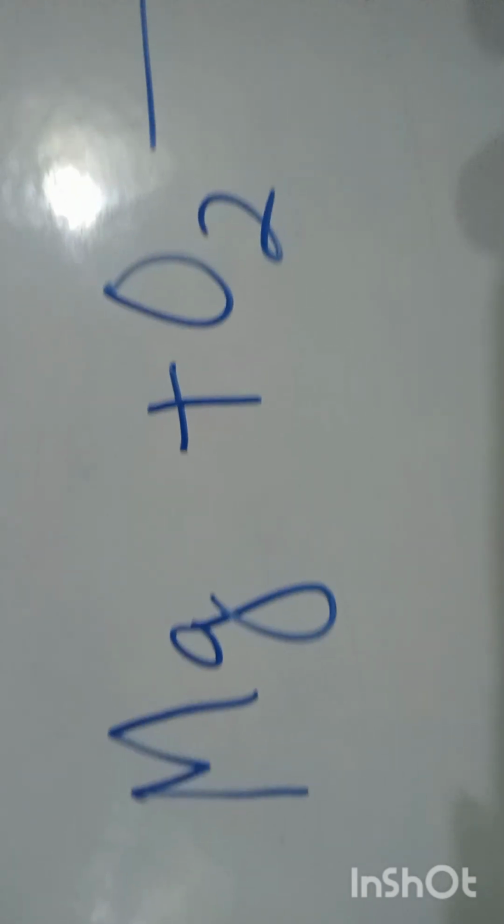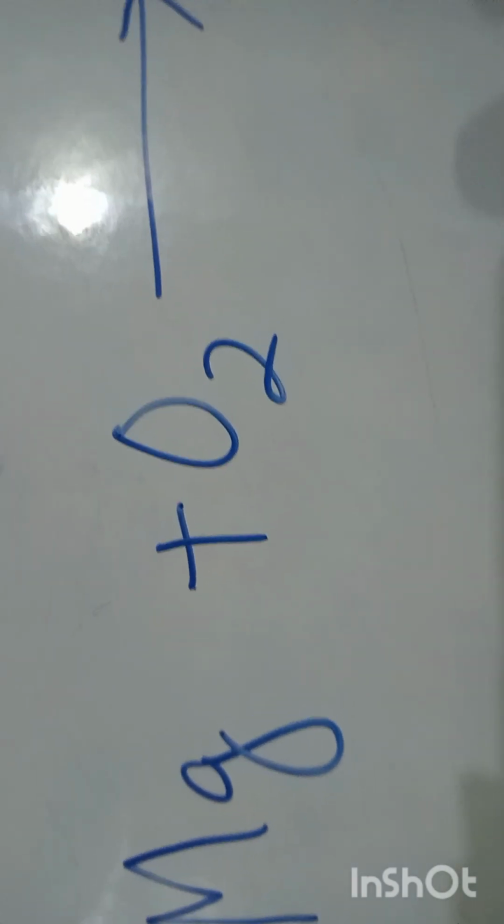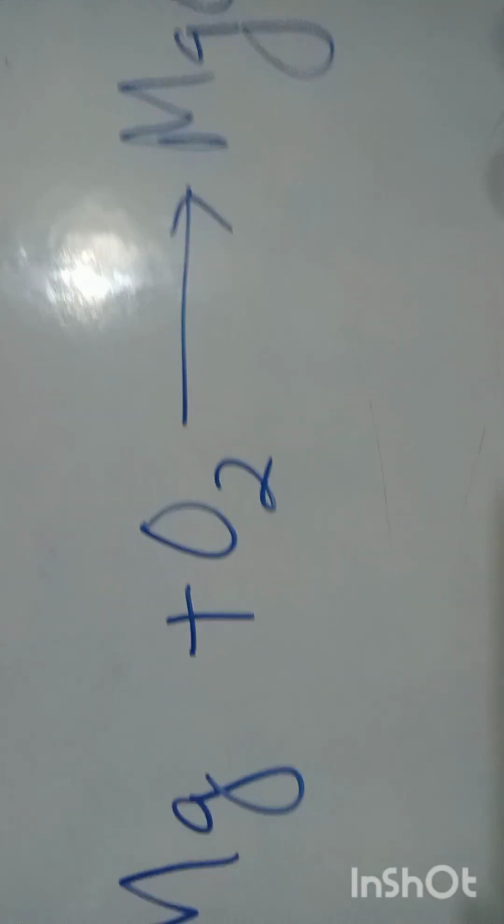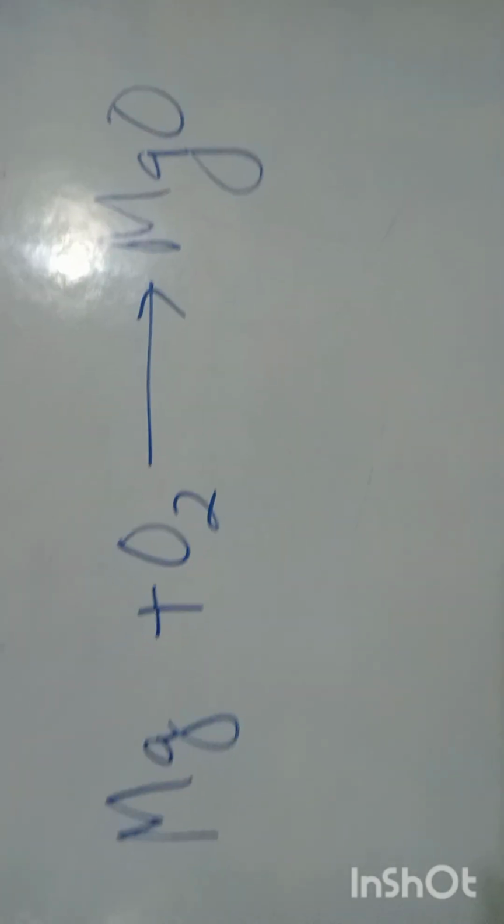Let us balance the equation for the burning of magnesium in the air. We have magnesium plus oxygen giving rise to MgO, magnesium oxide.